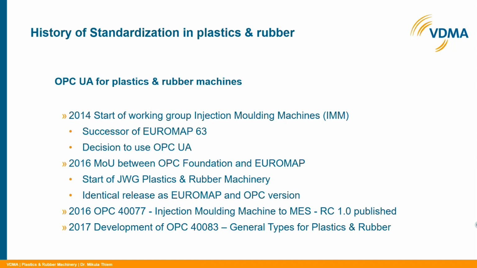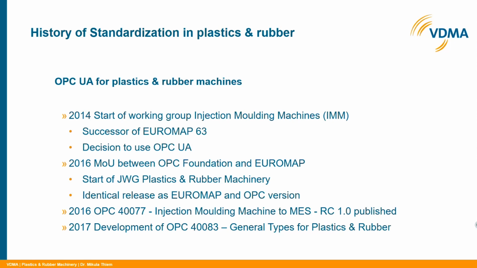In the same year, 2016, the first release candidate of the OPC 40077 injection molding machine to MES was published. And during discussion and comments, the group realized that this specification contains multiple objects and object types which are not only valid for injection molding machines, but also for other machine types.